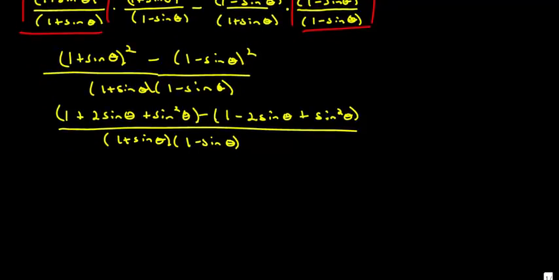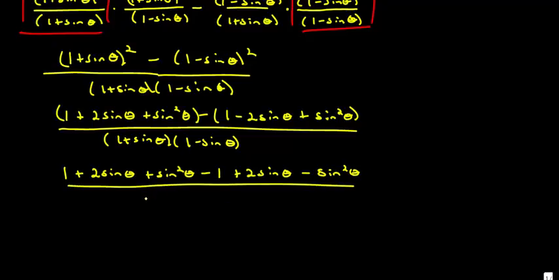Okay, so now let's distribute this negative into the numerator so that I can start dropping these parentheses. So minus 1 plus 2 sine theta minus sine squared theta, and that is still over our denominator, like that.